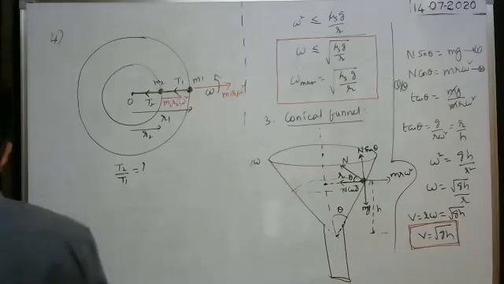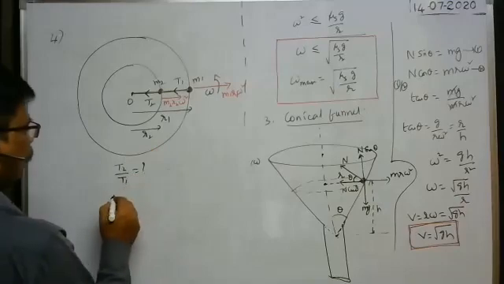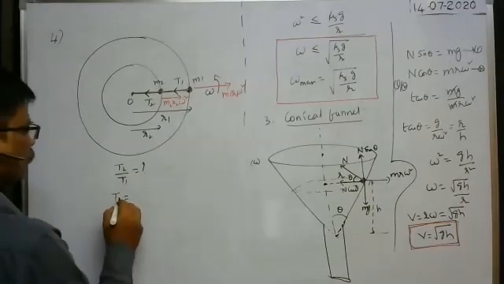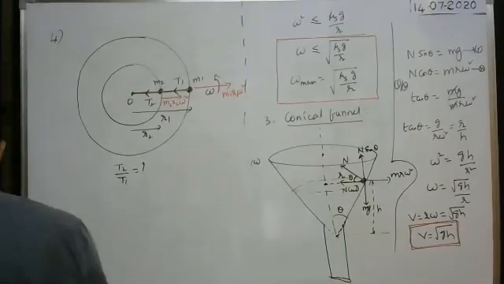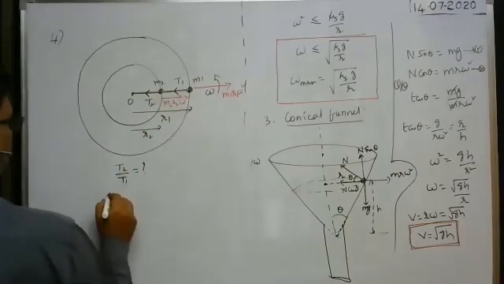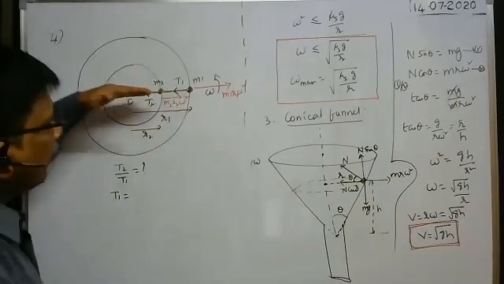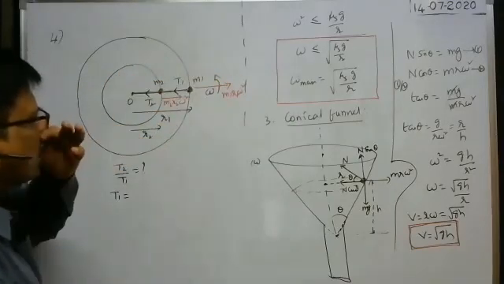Now you see, first tension T1, you write. Tension T1 is equal to, on this body along the horizontal direction, there are two forces acting.